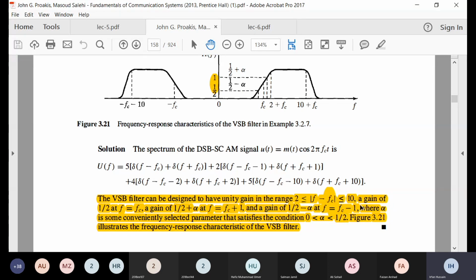So we can assume, let us say, that we have a gain of half at fc. At fc you have half gain. So at fc plus 1 you have half plus alpha, and at fc minus 1 you have half minus alpha, where alpha is some parameter between 0 and half.